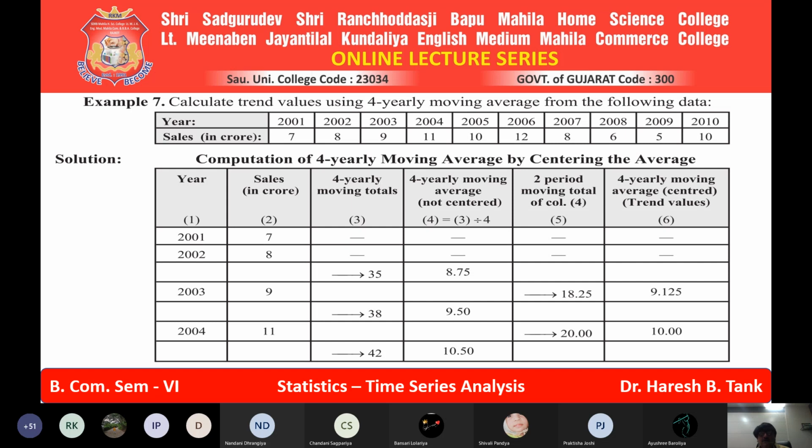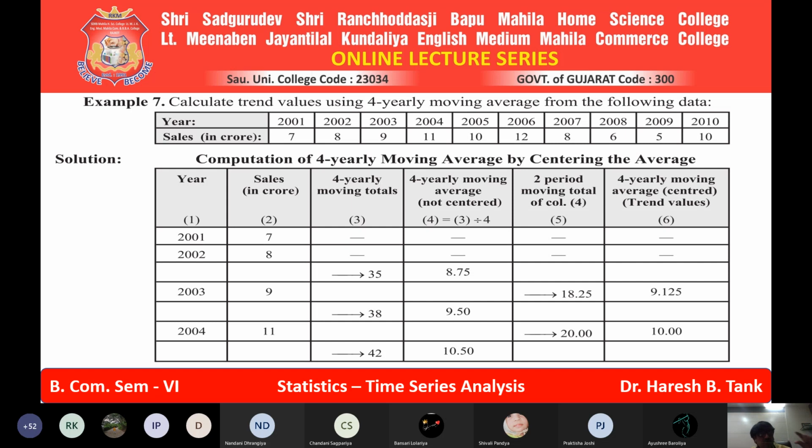Now, it should be against some particular number of years. So now you just make a bunch of 2 of this average. So 2 period moving total of column number 4, that means 8.75 plus 9.5, which gives you a sum of 18.25, and the next column would be 4 yearly moving average centered, or you can say it is the trend value, which is nothing but 18.25.